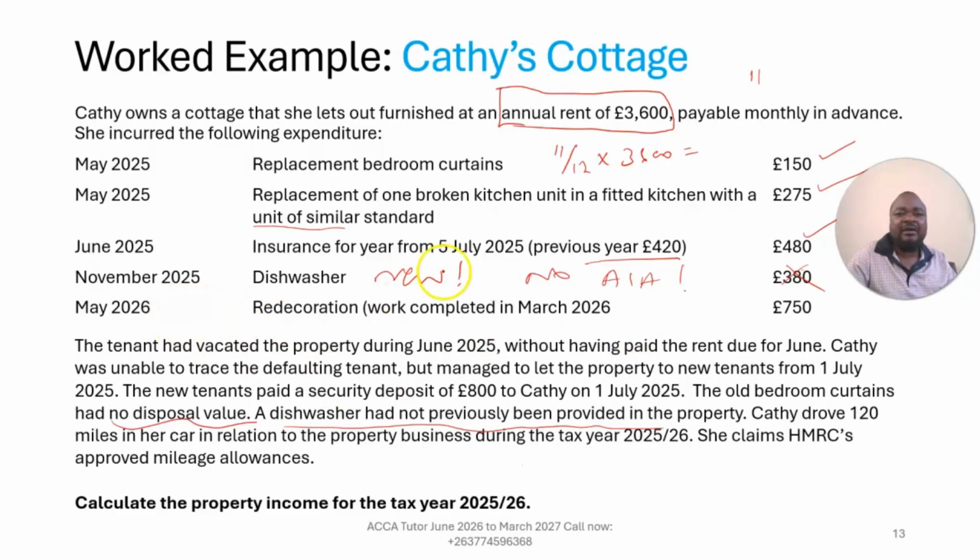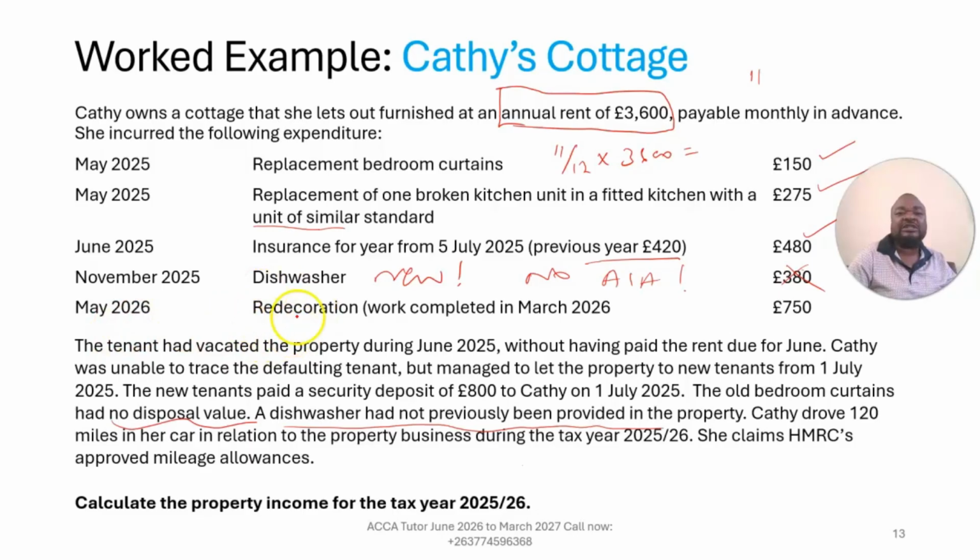What about first year allowance? No, none is going to be applicable. No allowance is going to be enjoyed on the dishwasher, because it is a residential item.